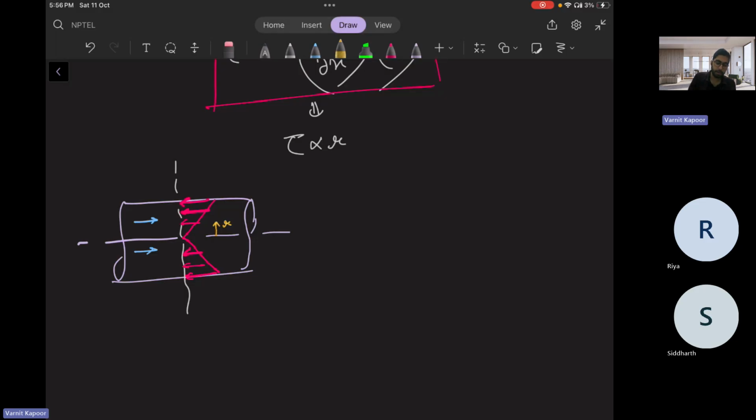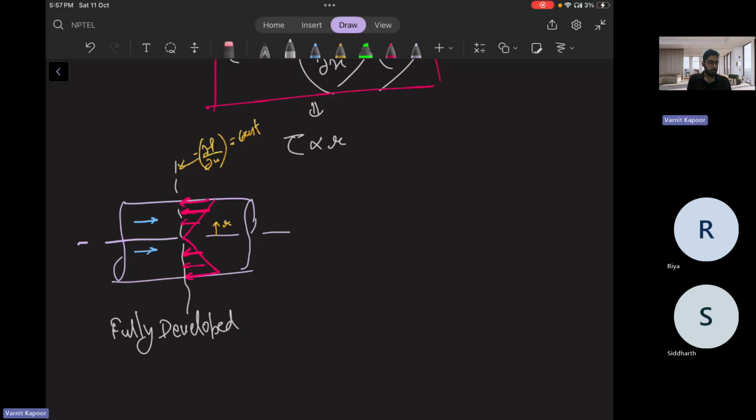And here, this is a line of constant pressure, because my flow is fully developed now, constant. This is a scenario of fully developed flow.